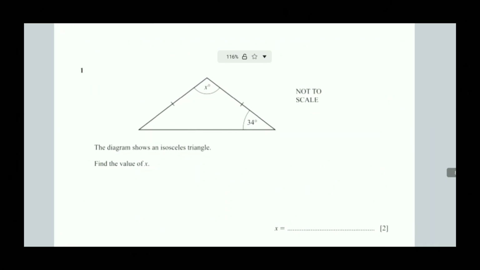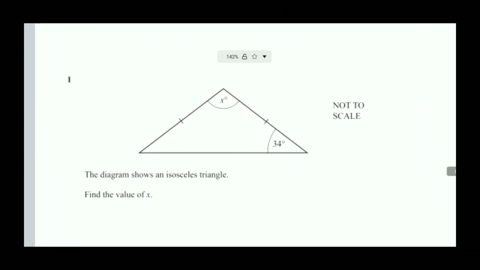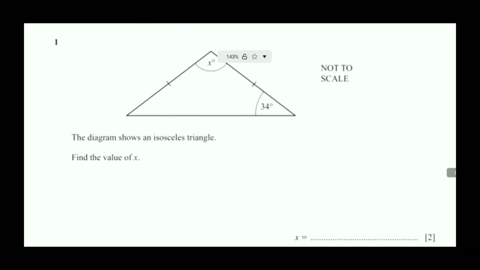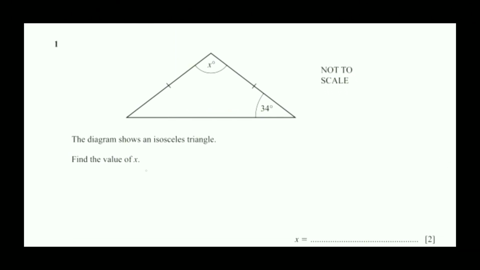Again, next question is of angle properties. The diagram shows an isosceles triangle. Find the value of x, very simple, as I told you. If this is an isosceles triangle, base angles will be the same. These two are base angles. So if this is 34, this will also be 34.